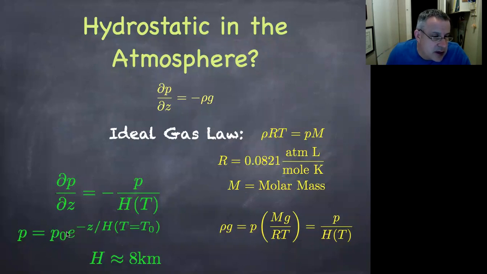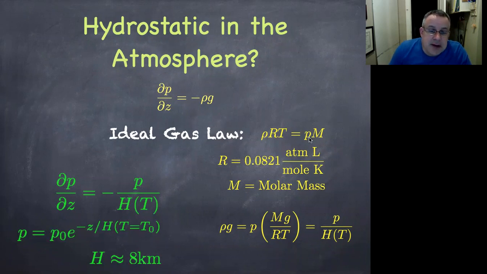So plugging in P naught as the surface pressure at z equals 0, we get this solution. The pressure decays exponentially with a height scale that's determined by temperature, and in Earth's atmosphere, that height scale is about 8 kilometers. So the pressure drops by a factor of e every 8 kilometers in altitude.